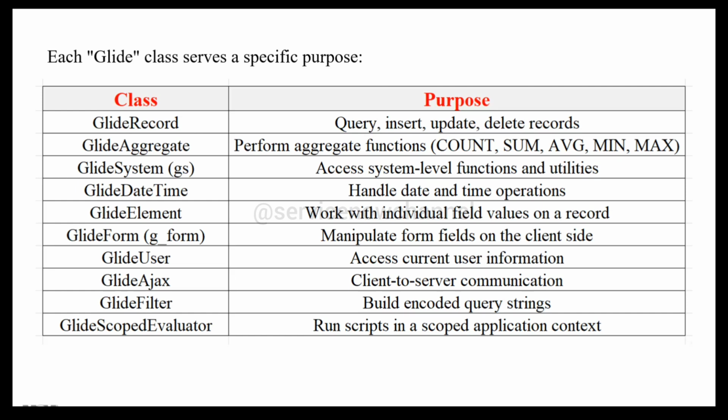So next we have the GlideForm class. It starts with g_form in syntax. For example, g_form.setMandatory, g_form.setValue. So we have many. Basically it starts with g_form, which manipulates form fields on the client side. Okay. So next class is GlideUser. GlideUser purpose is to access current user information.